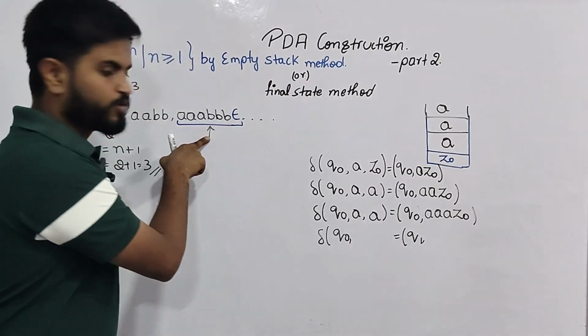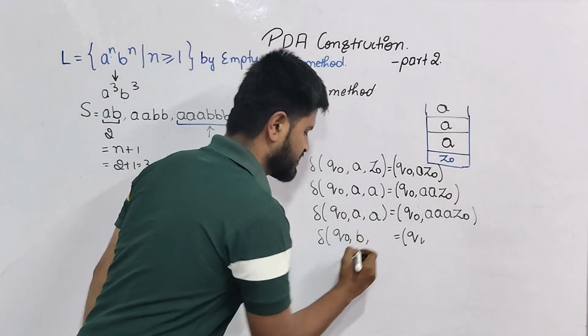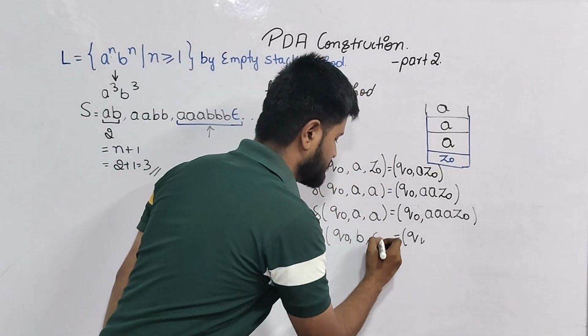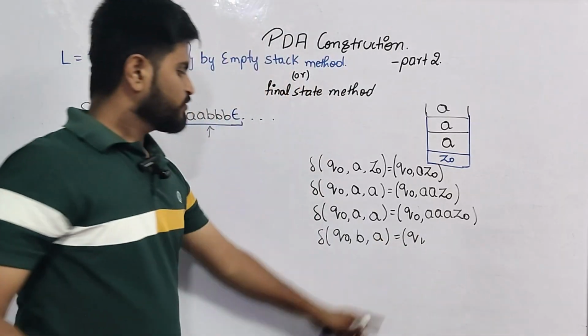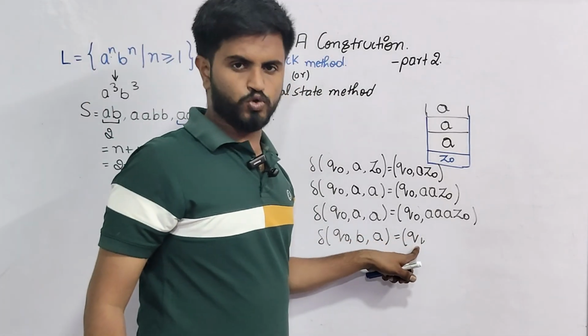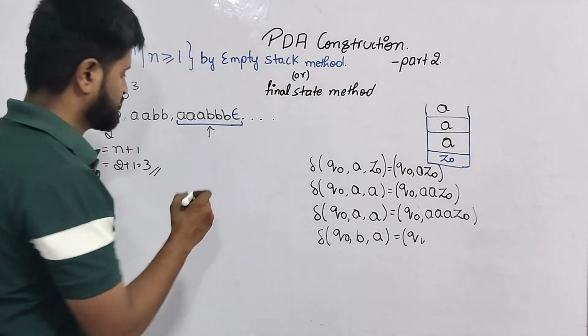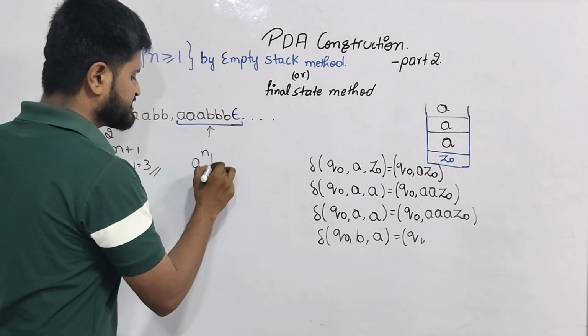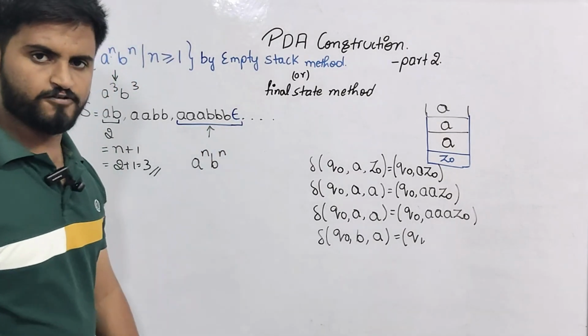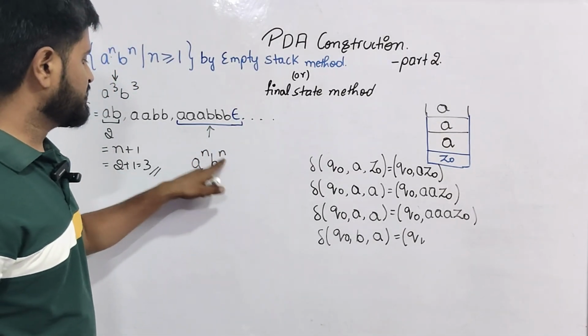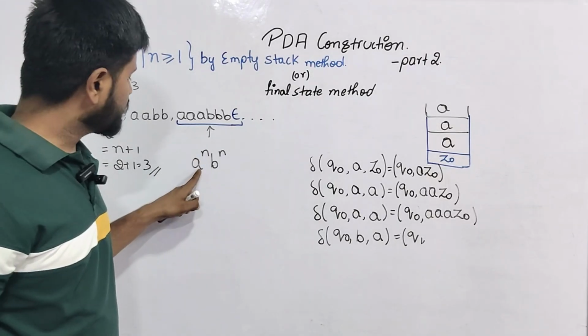So now what you approached is small letter b, comma, and on top of the stack I have a. Now when you came from Q0 to Q1, we will have two situations. One, when there is the same number of a and the same number of b. That is a power n, b power n. When n is equal to 1, 1a, 1b.